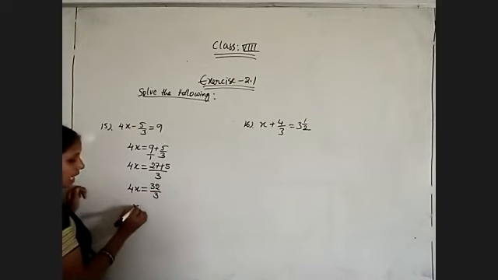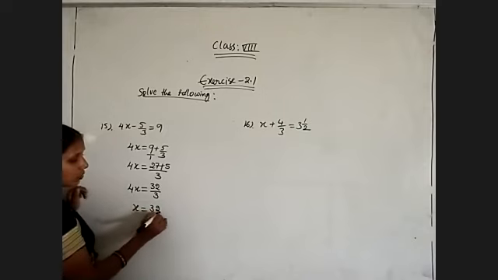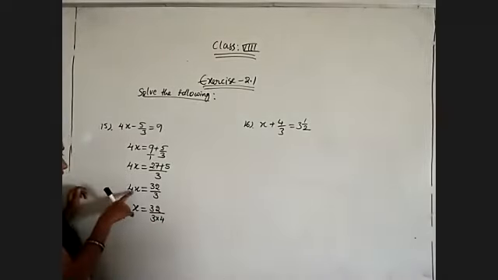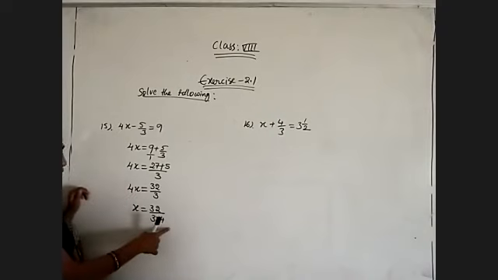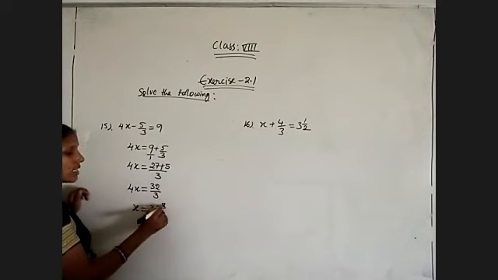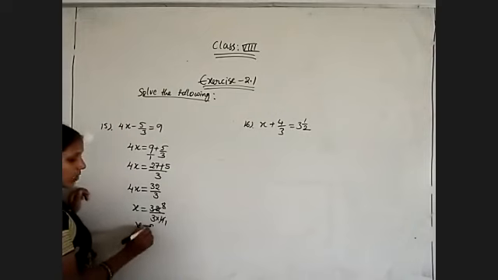Okay. Then x is equal to 32 by 3 into 4. Here we have 4 in multiplication, so while bringing this side, it will come in the division part, that is in the denominator, by 4. 4 1s are 4, 4 8s are 32. So x is equal to 8 by 3 is our answer.